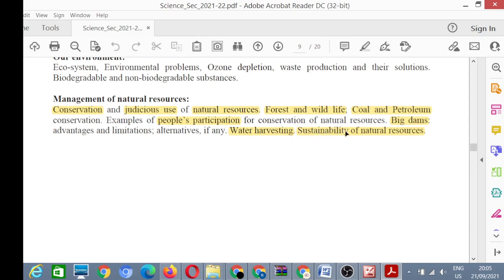Then we have conservation of natural resources. Then we have big dams. Now, what are advantages and disadvantages of big dams?